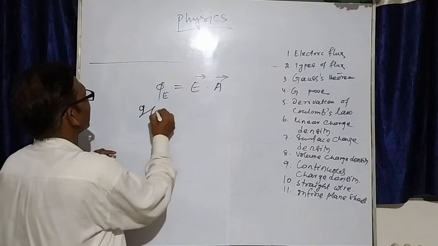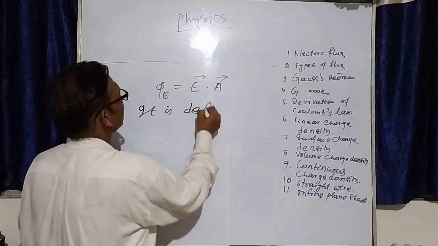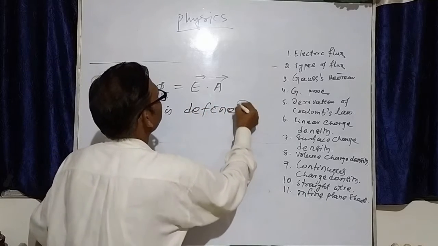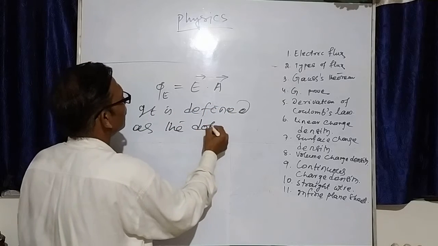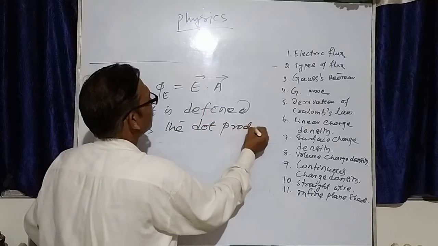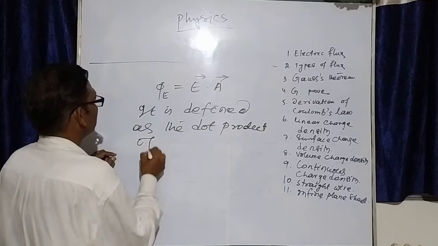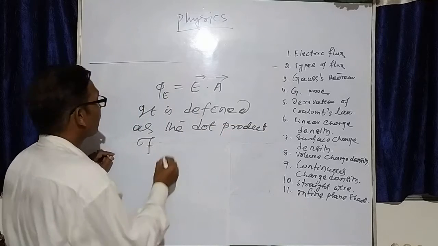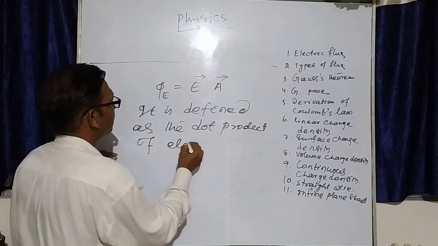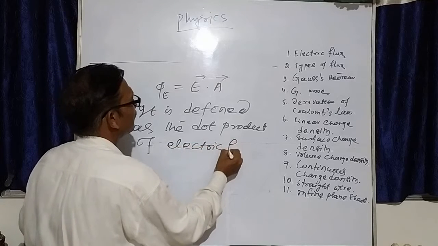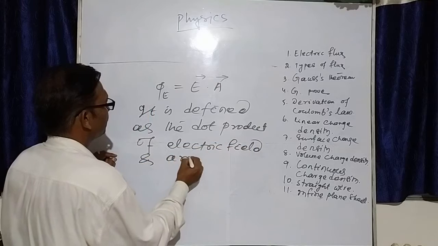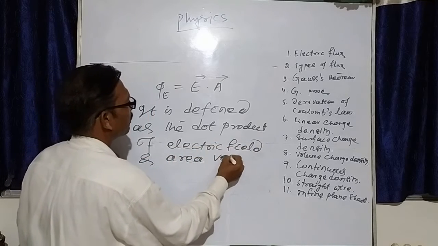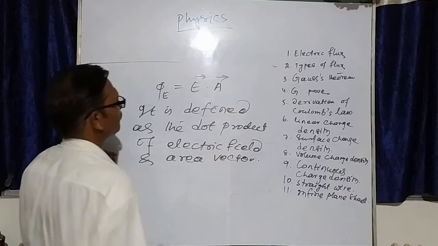So it is defined as the dot product of electric field and area vector, or you can write vector area.